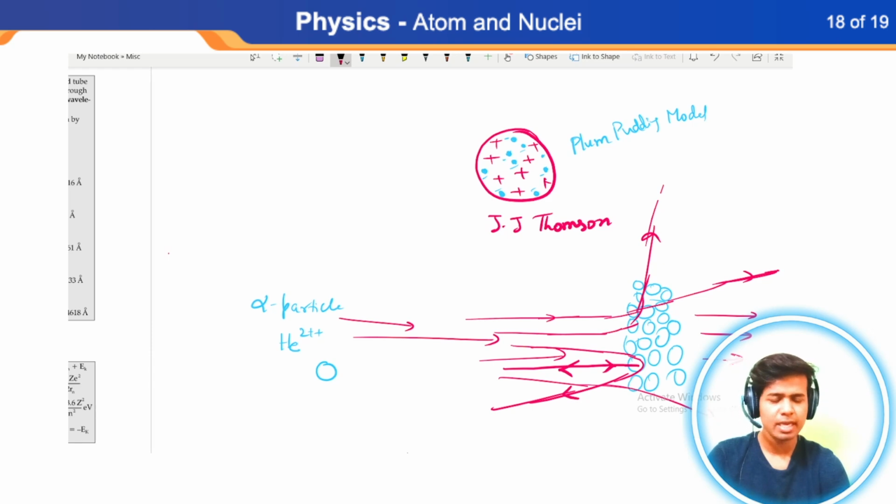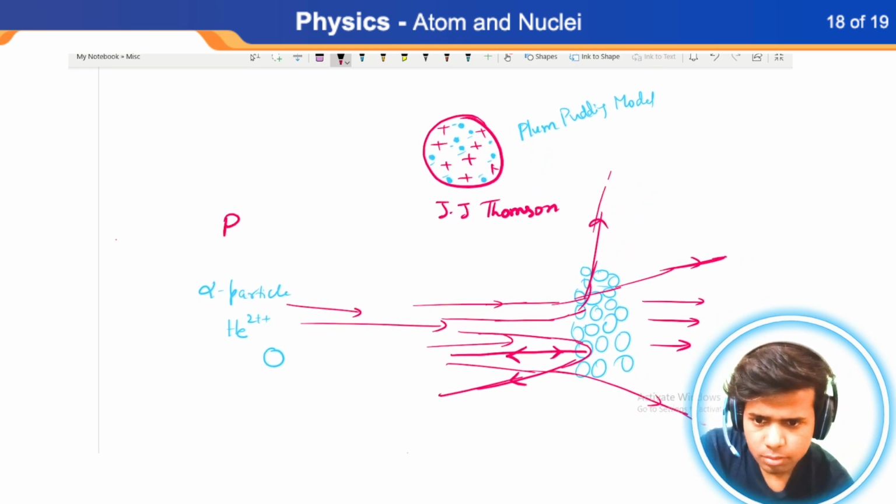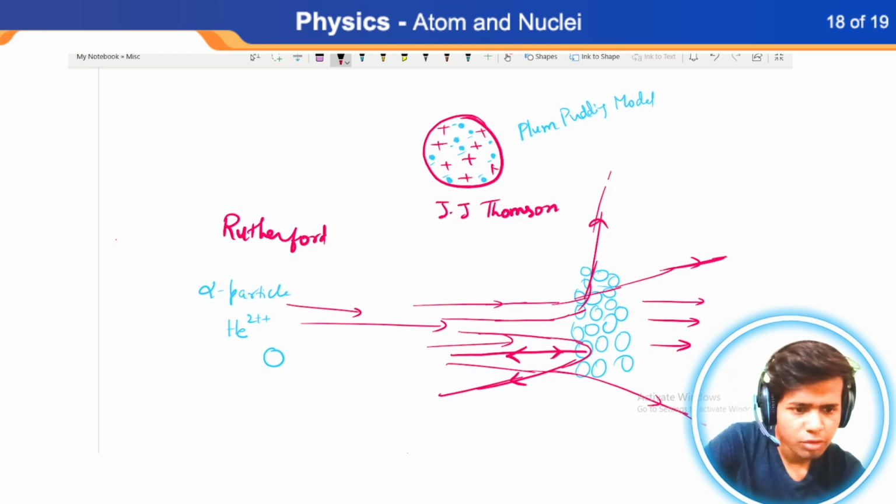So this was the basic observation of Rutherford. He found that more than 99% passed straight.